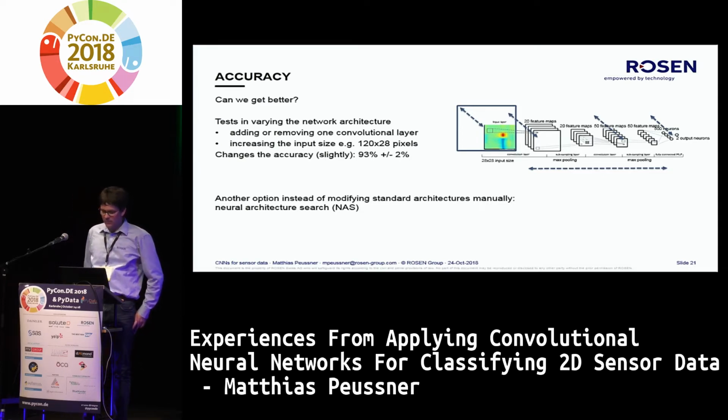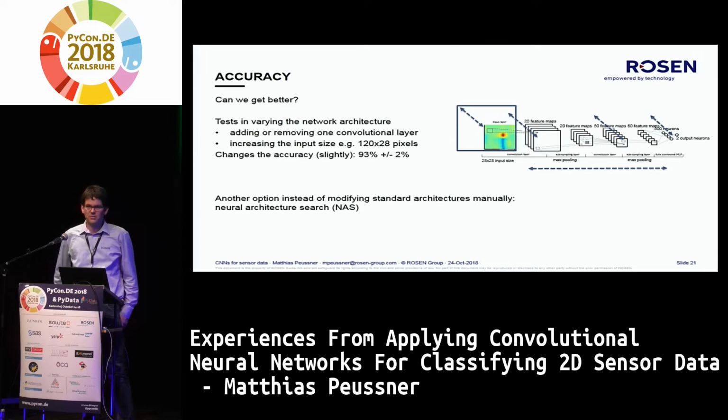The first thing I tried is to use different architectures. I changed the number of feature maps in my convolutional layers. I added a third convolutional layer. I changed the pixel size of the input.